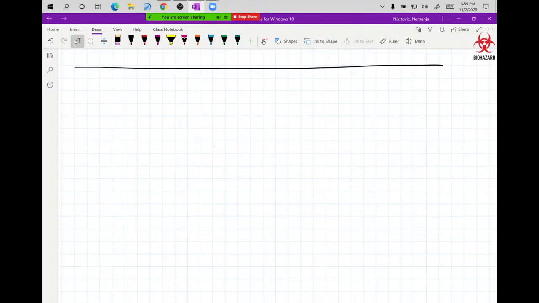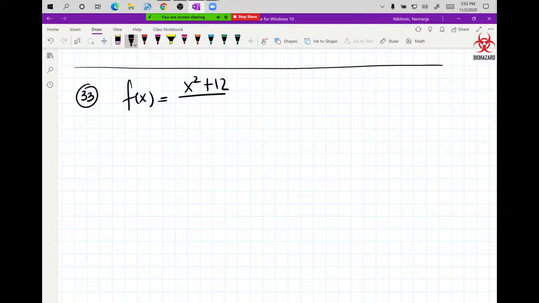So problem 33 is one of those problems where you have to deal with the asymptotes, in particular slant asymptote. So we start with the domain.